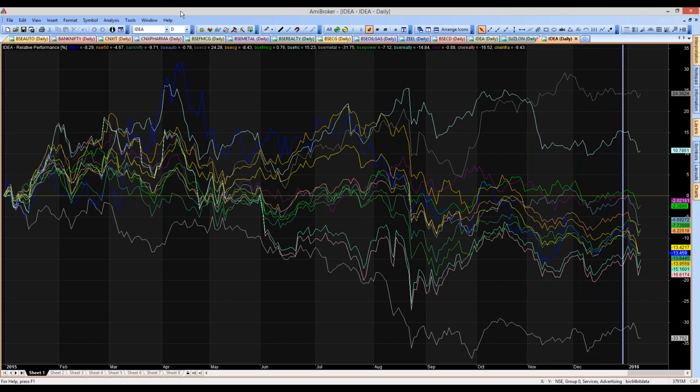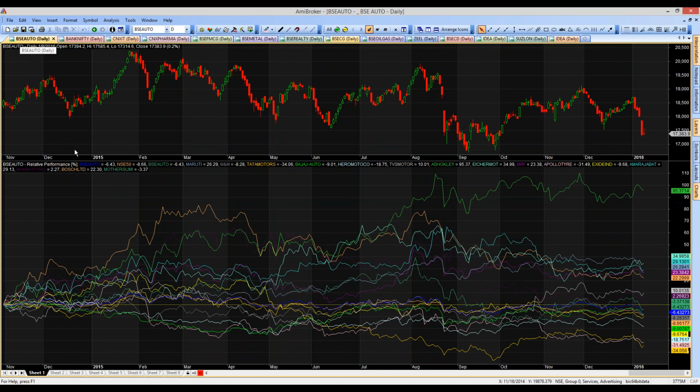Can we do this for any set of stocks, any combination? Yes, you can. AmiBroker gives you that complete flexibility to be able to do anything you want with just about any indicator. So I took that liberty, and here we have the auto index, and only auto index stock, only the stocks which are part of the BSE auto index.